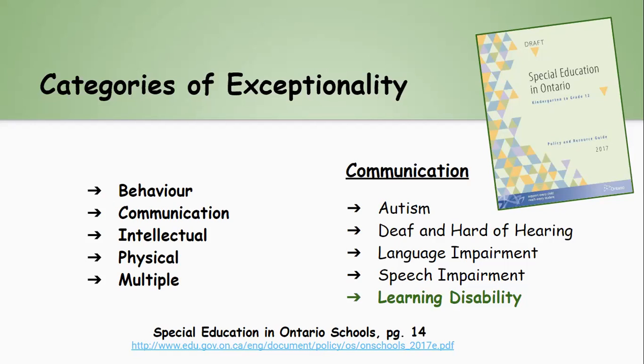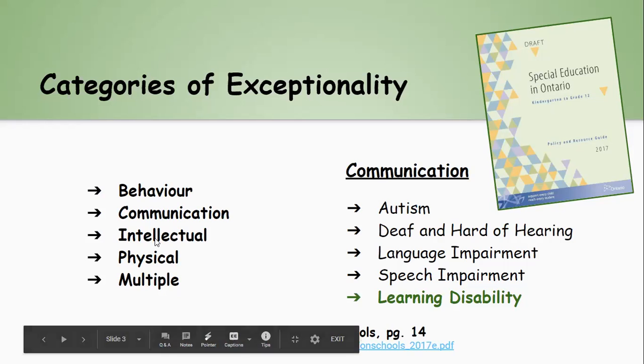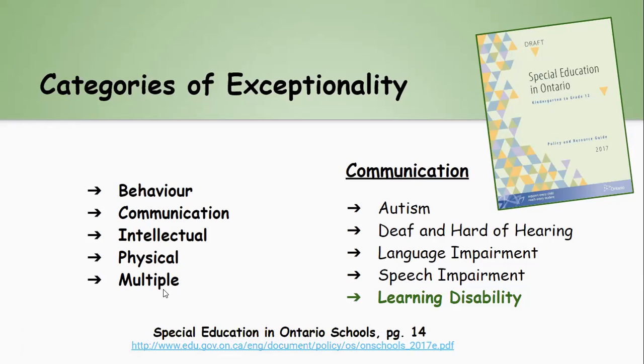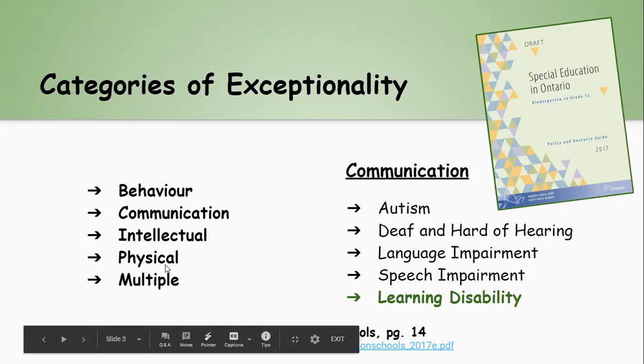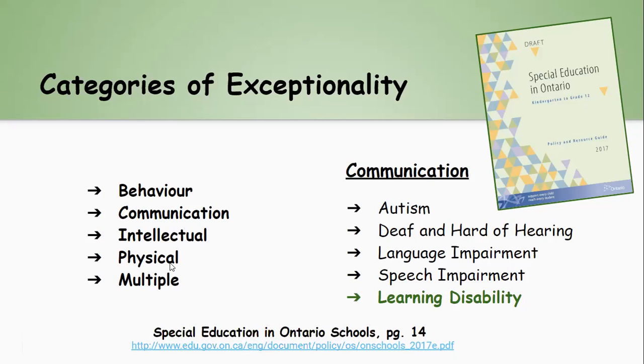A student may present with different learning needs in many ways in the school setting, as we know, and may be identified as exceptional in one of these five categories: behavior, communication, intellectual, physical, and multiple. The determining factor for the provision of special education programs is not any specific diagnosed or undiagnosed medical condition, but rather the need of the individual student that's based on individual assessment, strengths, and needs.